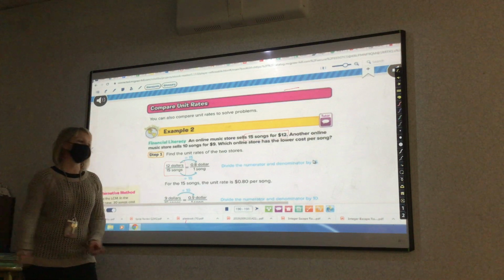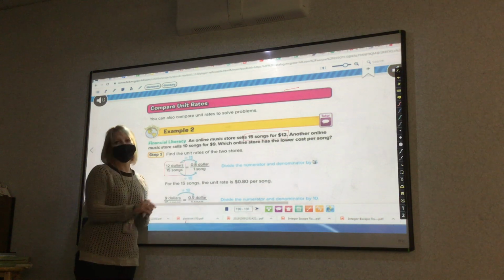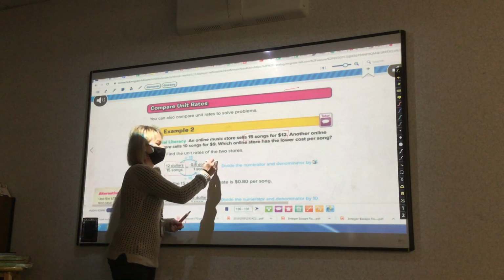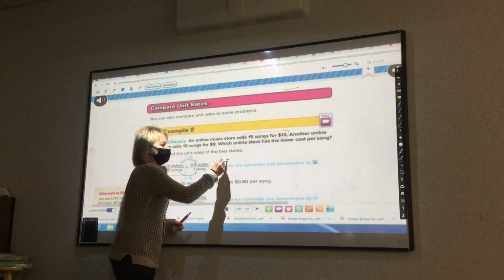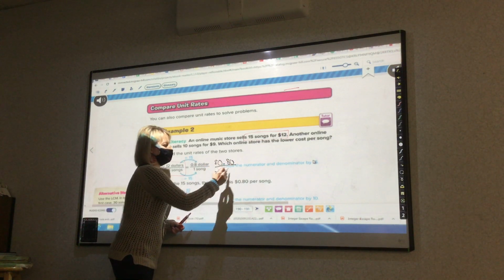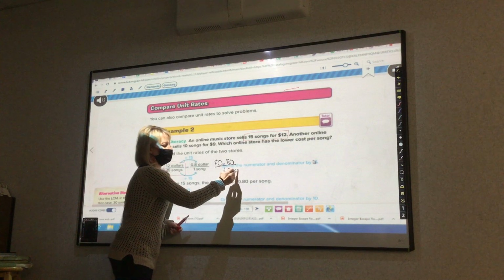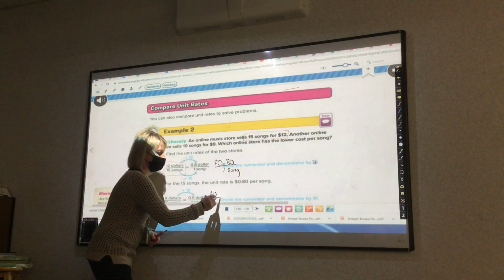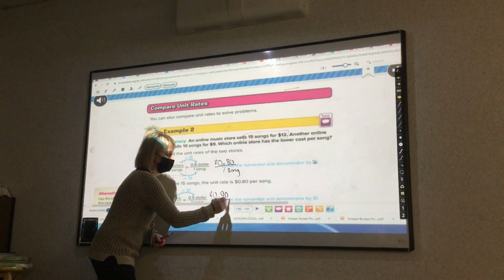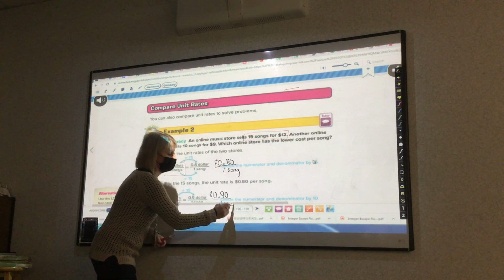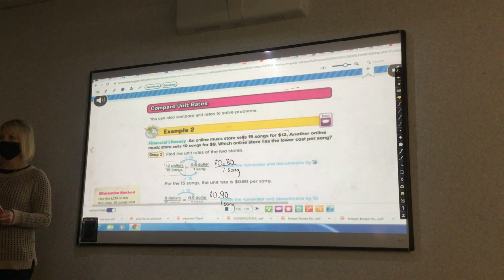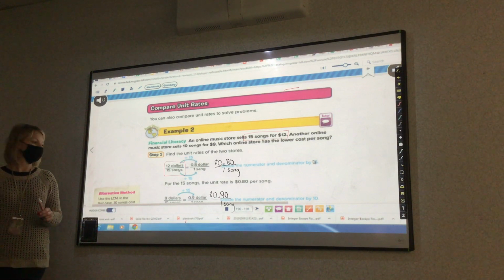When you go do this, please don't write $0.8. Please put it in like 80 cents per one song. Then I would write this as 90 cents per one song. Get used to putting it with the dollar sign and decimal. You guys understand that? Okay?